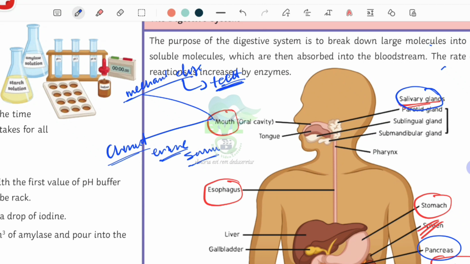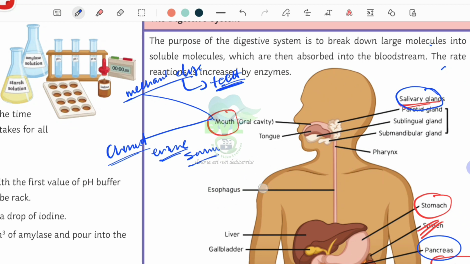The name of the enzyme is salivary amylase. What does it do? It converts cooked starch into maltose. That's what you should know there. Like I said, feel free to pause the video or rewind if you have to. So that's the function of the mouth.